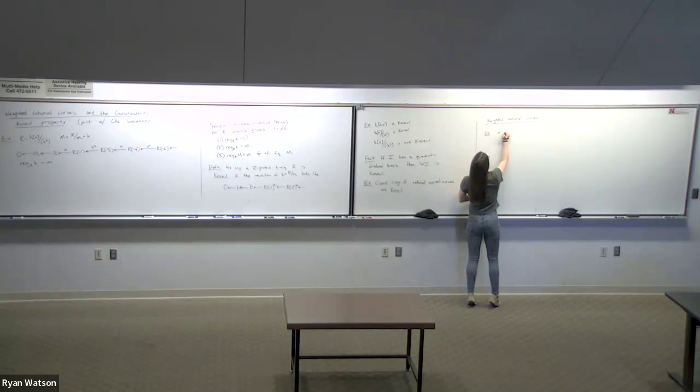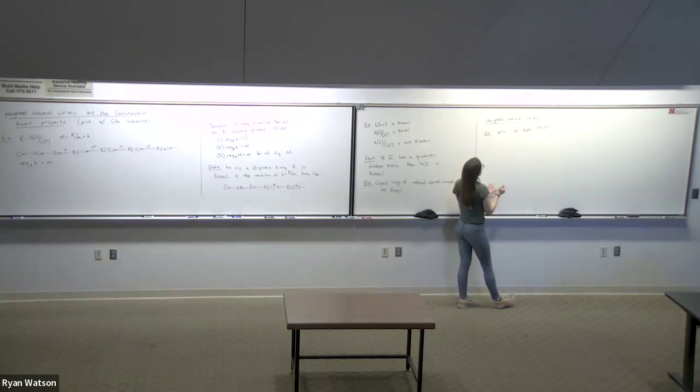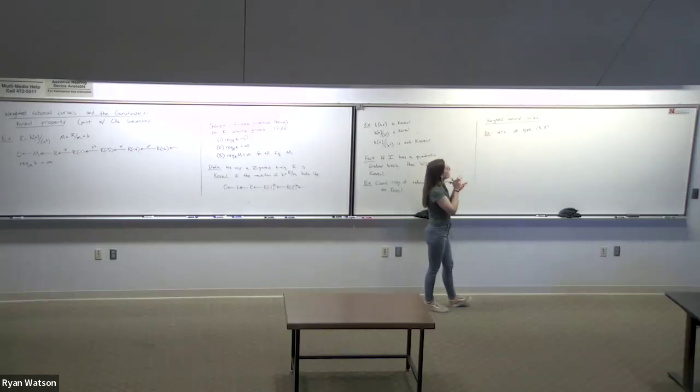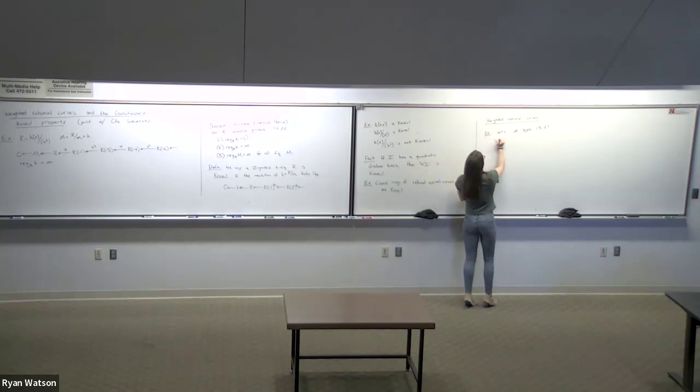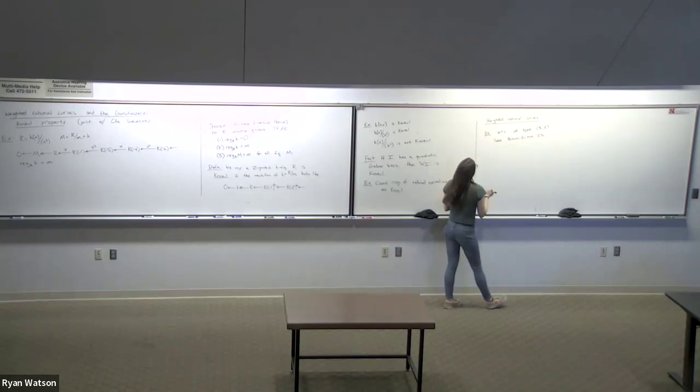This is the weighted rational curve of type 3, 2. For more on the general family and where these examples came from, if you're curious, you should see a paper of Brown and Ehrman from 2023. But here's the one example that I want us to focus on.